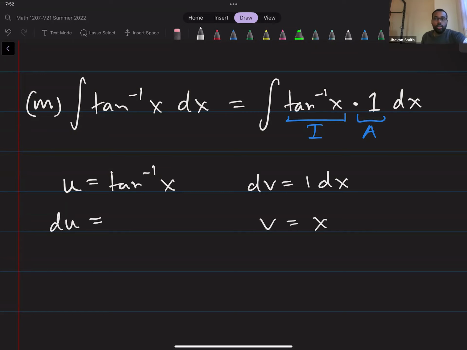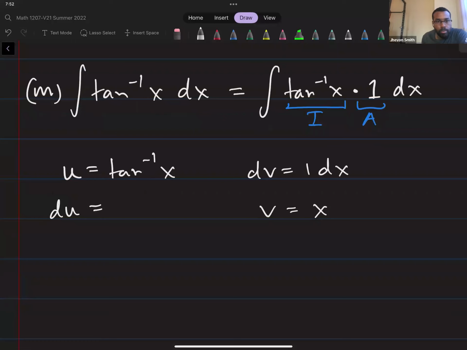What is your du? What is the derivative of tangent inverse? Is it 1 over 1 plus x to the second power? 1 over 1 plus x squared.